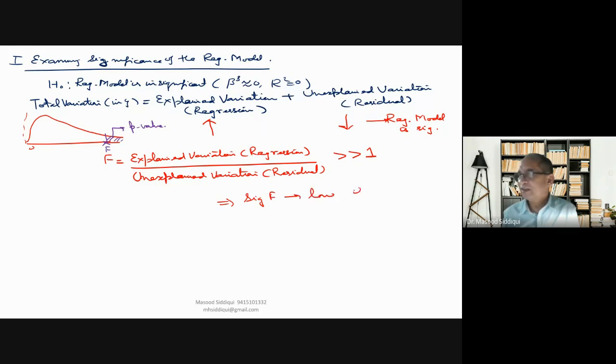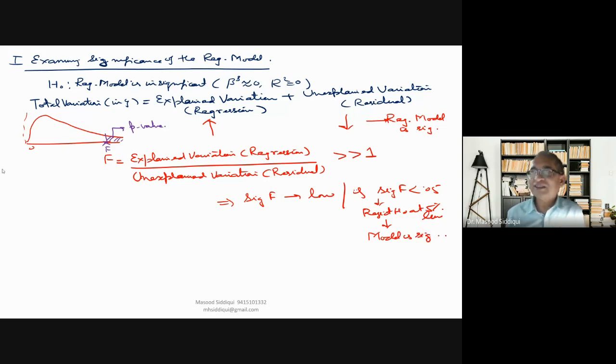And if this significance F is less than 0.05, we say that we reject H0 at 5% level. Rejection of H0 means we are rejecting insignificance. So we say that our model is significant.